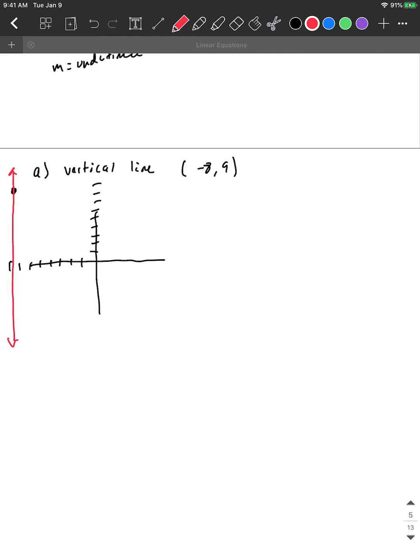Well, the next question we have to ask ourselves is, does it have slope? Based off of what we know of slope, from what we understand of rate of change, changes of y, changes of x, as we can see, we have a vertical line.